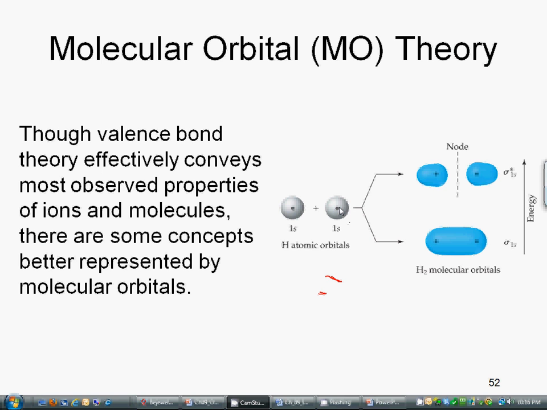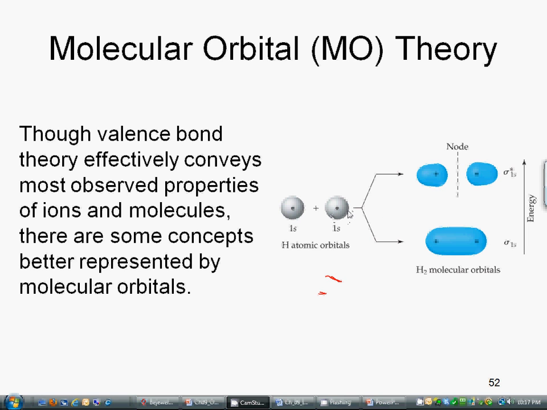They could interact positively, like two waves coming together and growing a bigger wave, and that's shown on the bottom part of the diagram, or they could interact negatively, and the behavior of the electron in the one can cancel out the behavior of the electron in the other, and then you get a node.